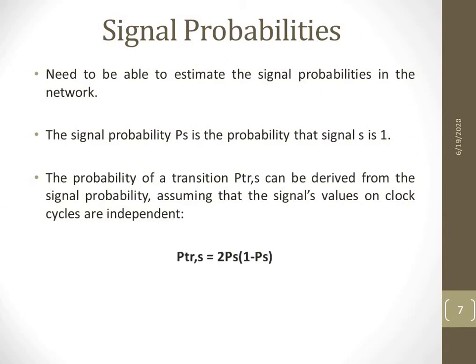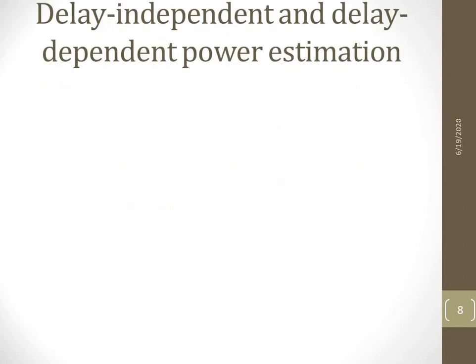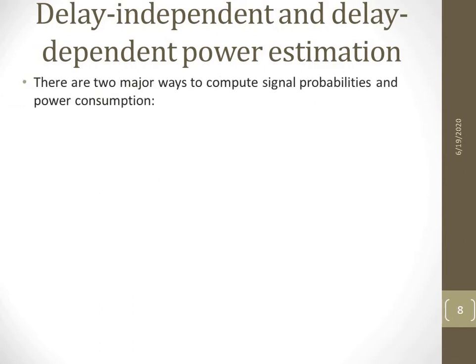So the probability of transition, denoted by PTR for a signal S, is equal to 2PS into 1 minus PS.